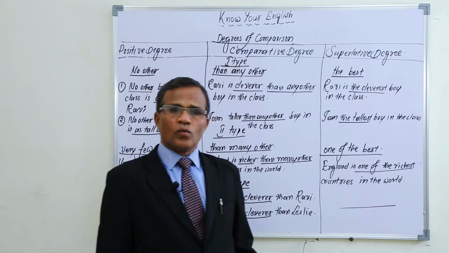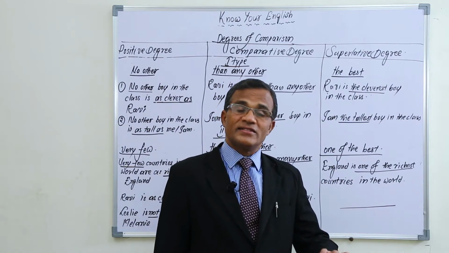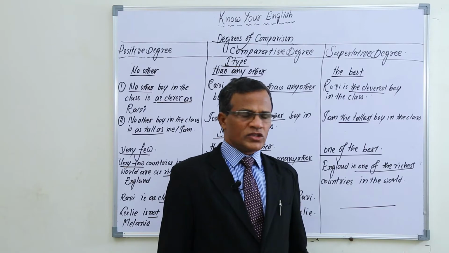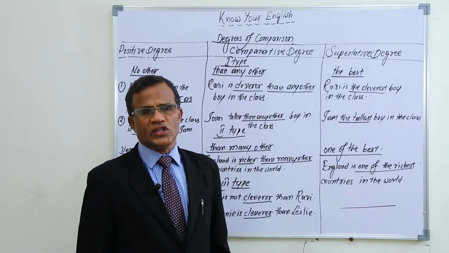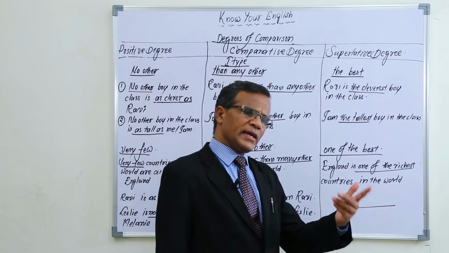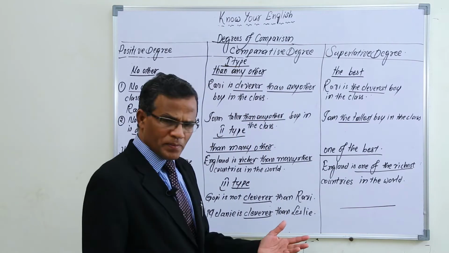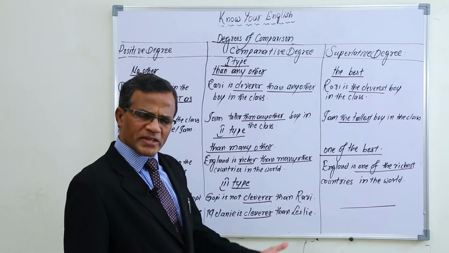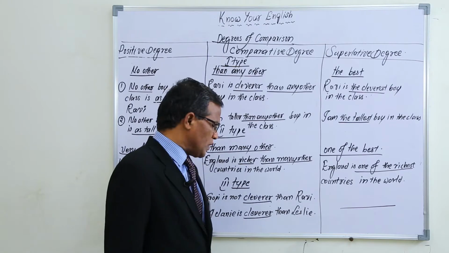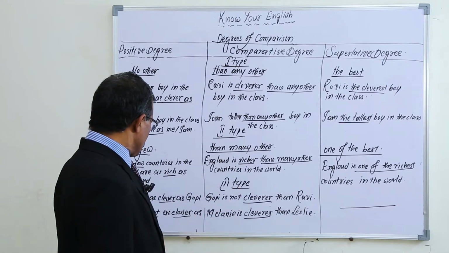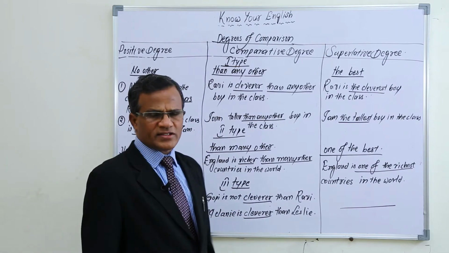Chennai is one of the biggest cities in India. You can use cities, places, countries, or persons, and compare in this way. And the third type also you can use in sentences in this way.